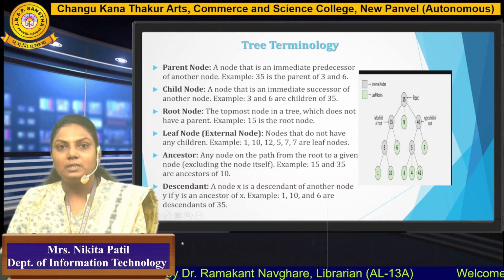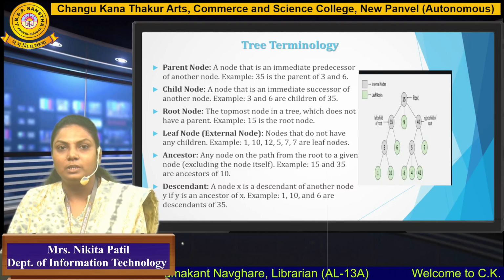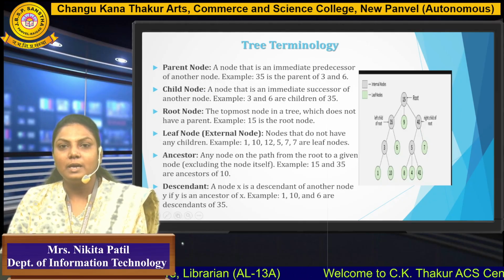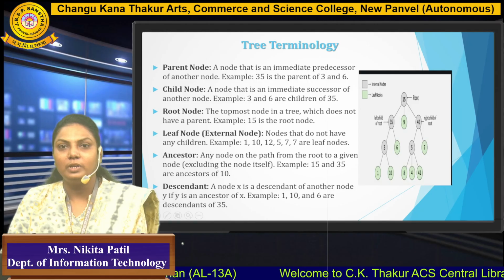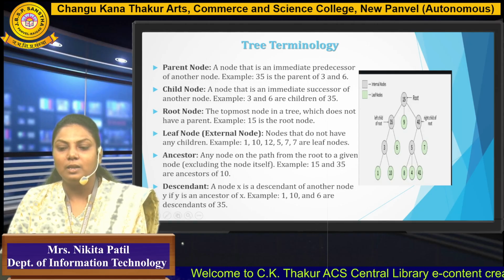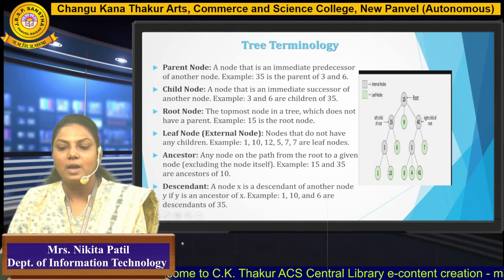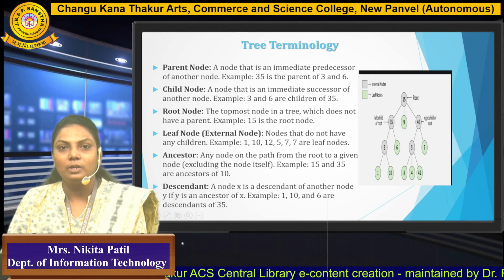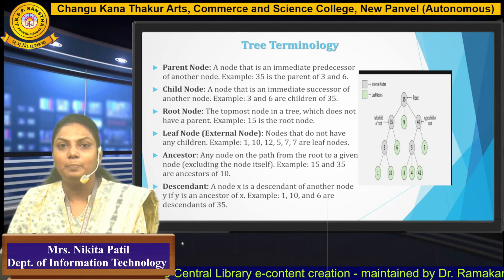Now let us see the terminologies of the tree. The first terminology is the parent node. In the diagram, 15 is the root node, the left child node is 35 and the right child node is 40. The parent node is a node that is an immediate predecessor of other nodes.